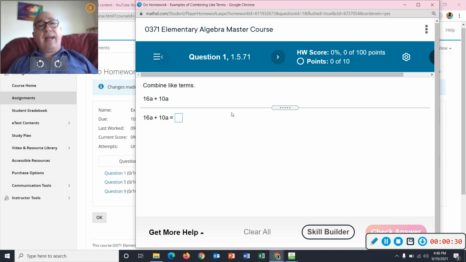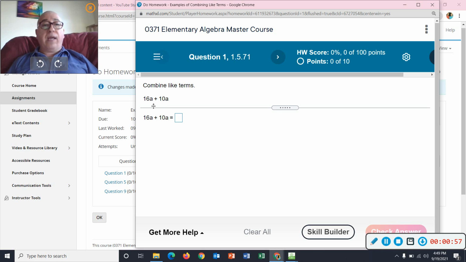When you're combining like terms, in algebra, the letters that are used to represent unknowns, we call those variables, and the number beside the variable, the number attached in front, is called the coefficient. Like terms have the same variables.